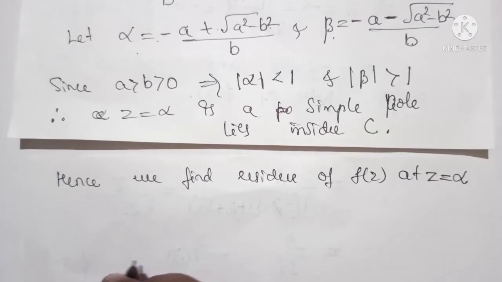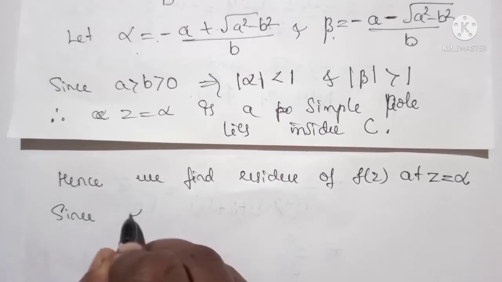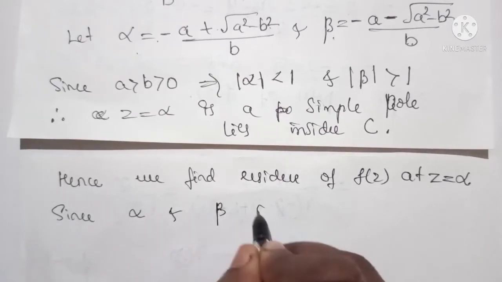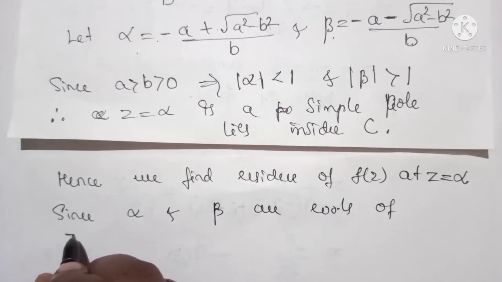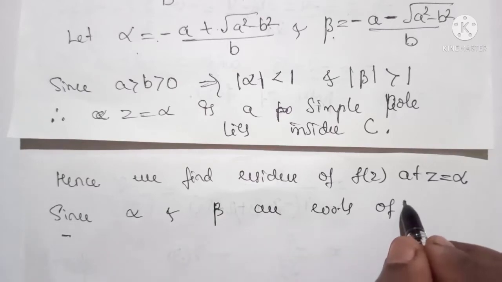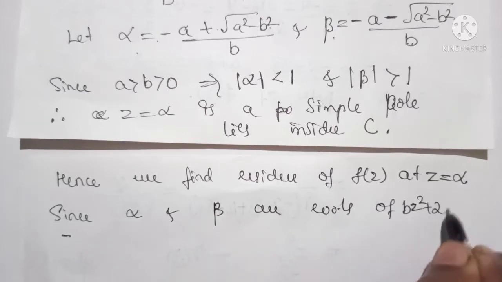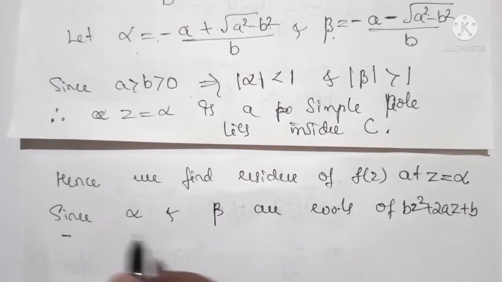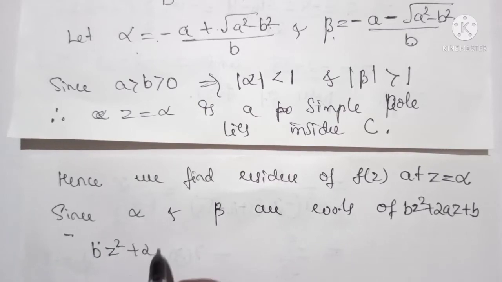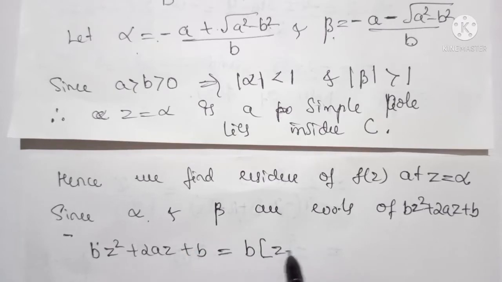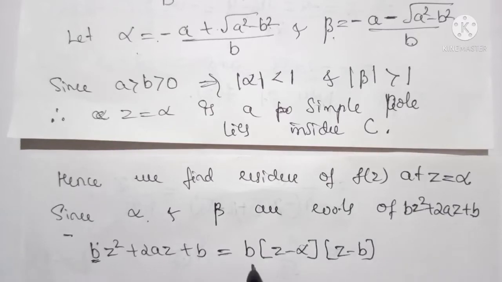Now since alpha and beta are roots of that equation, bz square plus 2az plus b, this can be written as b into z minus alpha into z minus beta, because here the leading coefficient is b, therefore we have to multiply with b.